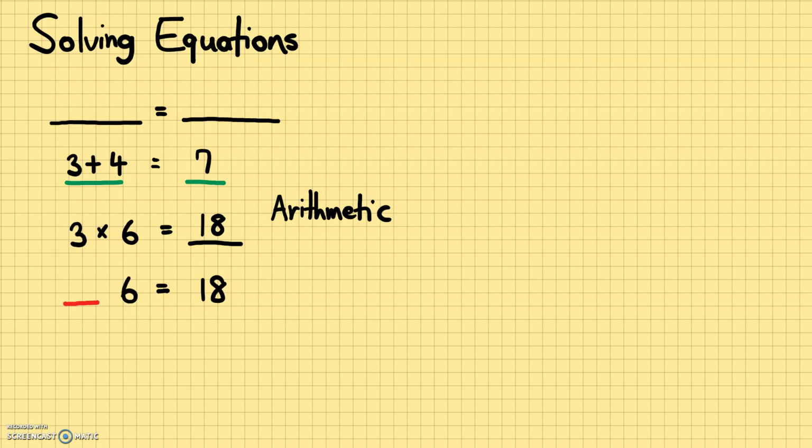We don't know the first part, for example. So in this case, something times 6 equals 18. If you are fairly comfortable with multiplication, you can figure out what times 6 equals 18, and you can guess that 3 times 6 equals 18.